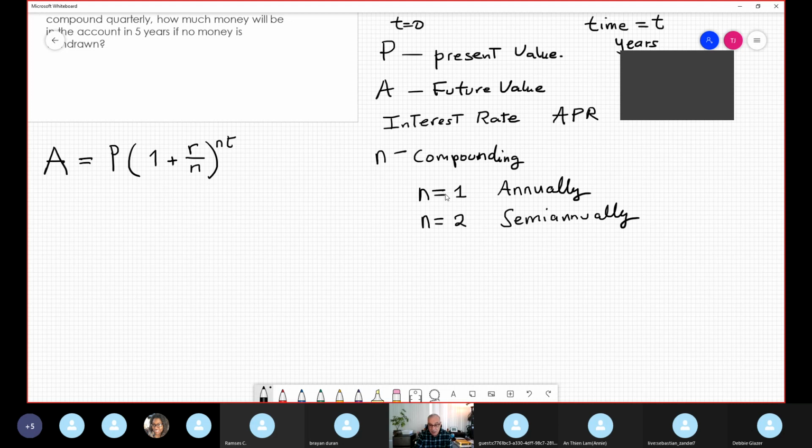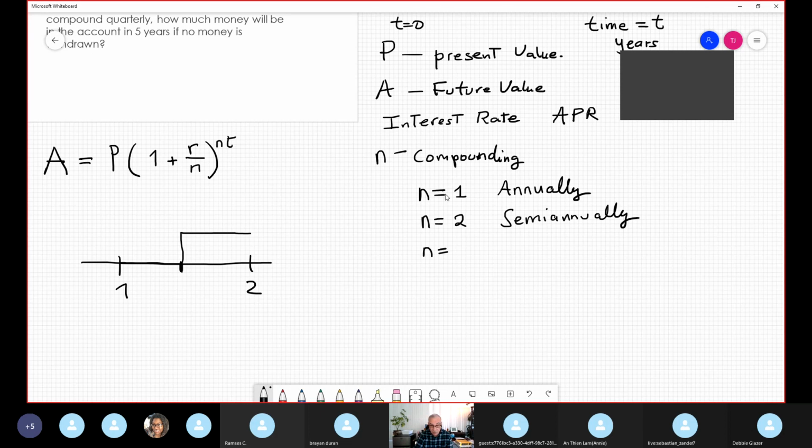What is the interpretation of semi-annually? Suppose this is 1 year, and 2 years, and the money increases at 6 months, and after another 6 months. Each half of a year, your money increases.